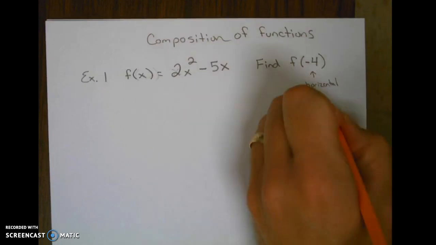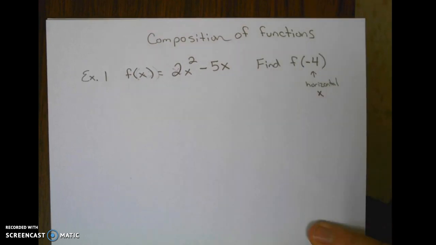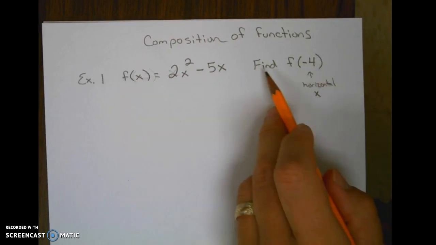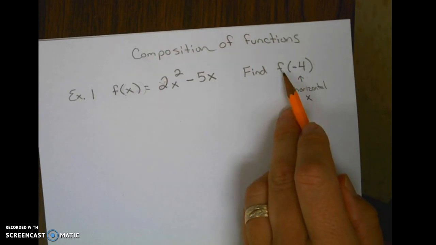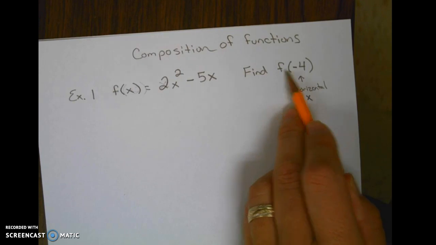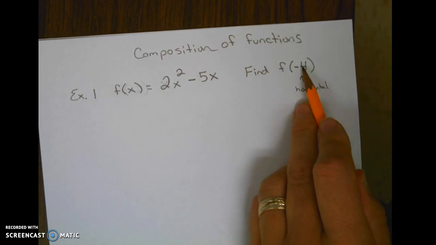So negative 4 is going to represent x. So they're asking you to find the value of the function f when x is negative 4.